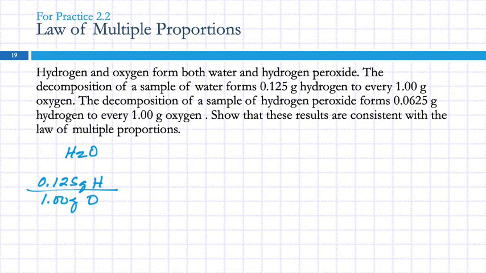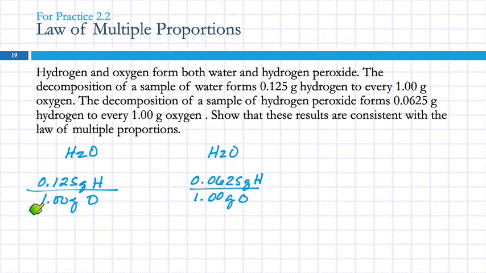And if we take the hydrogen peroxide and decompose that, we get 0.0625 grams of hydrogen for every 1 gram of oxygen. Show that these results are consistent with the law of multiple proportions.